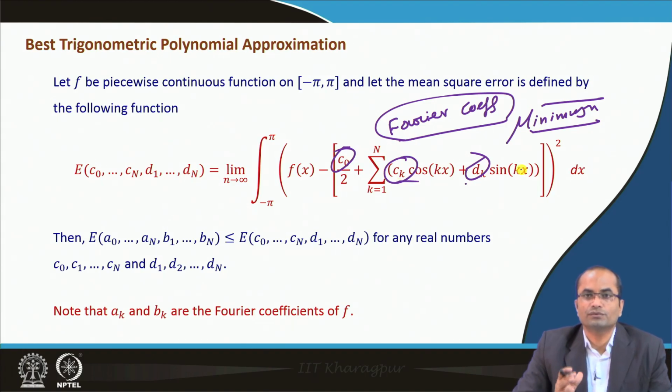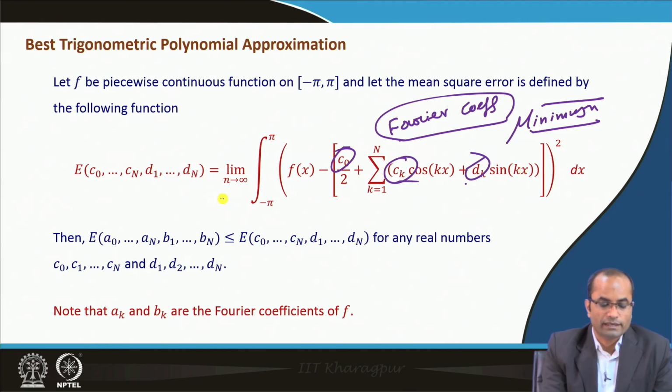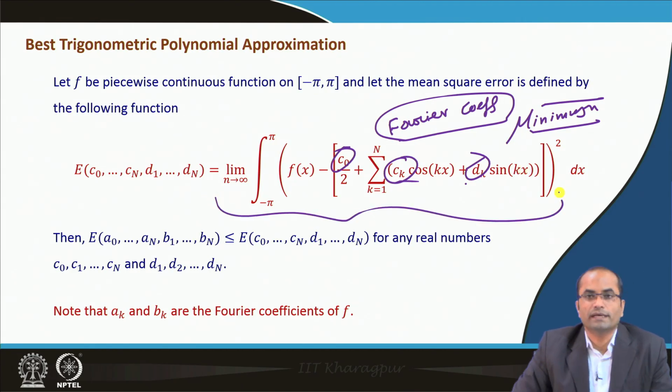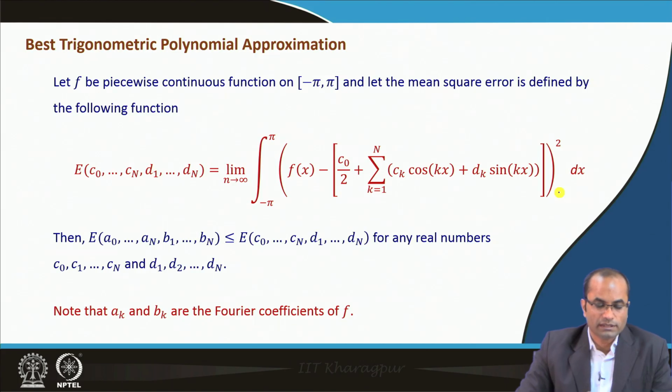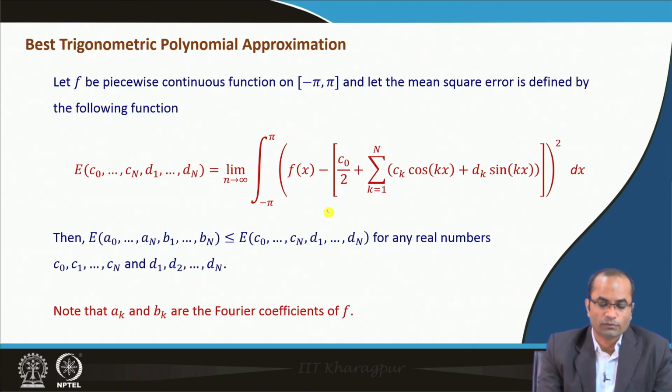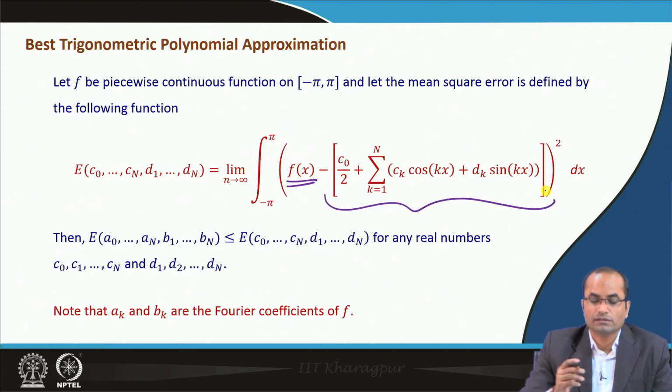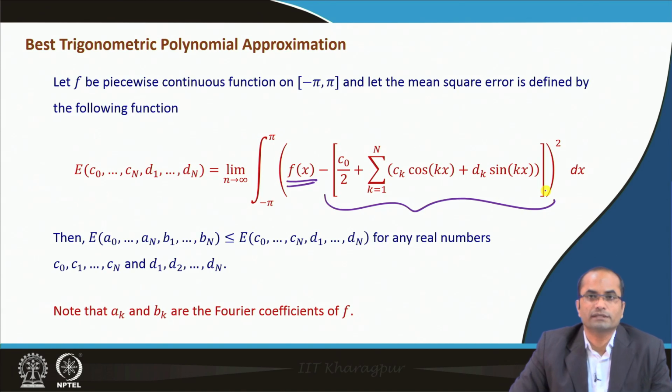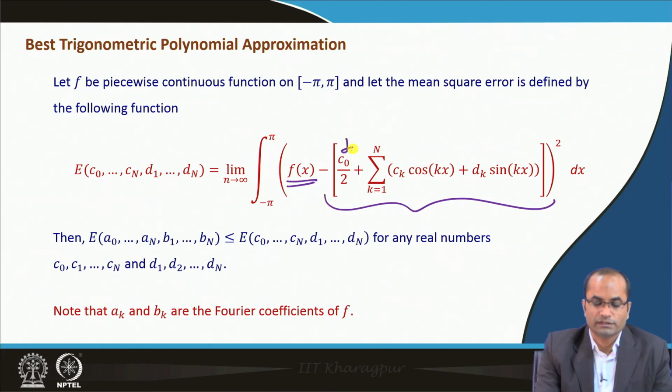We have to choose the Fourier coefficients to minimize this error. So, this is a nice result in the sense of approximation, that we can approximate the function f(x) by the so called Fourier polynomial or truncated Fourier series, and the error in this mean square sense will be minimum by choosing these coefficients as Fourier coefficients.